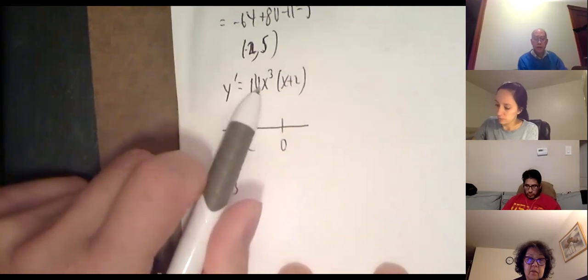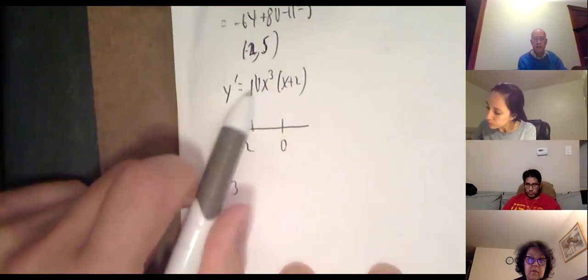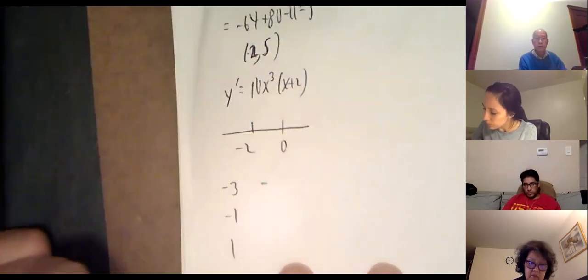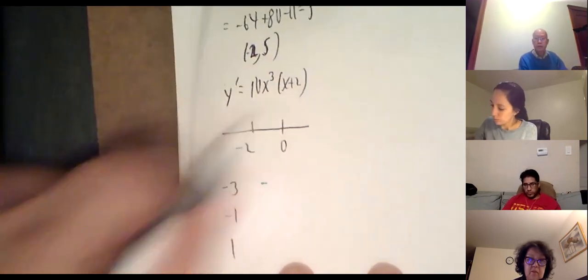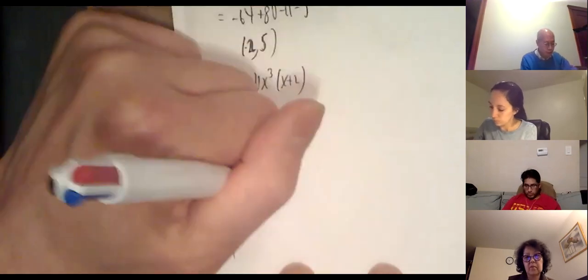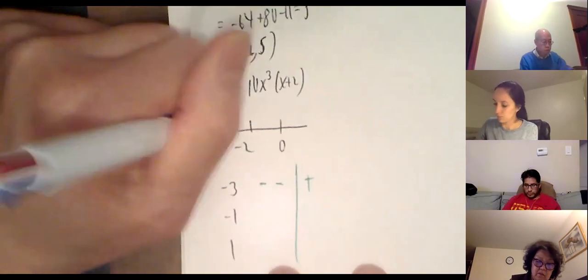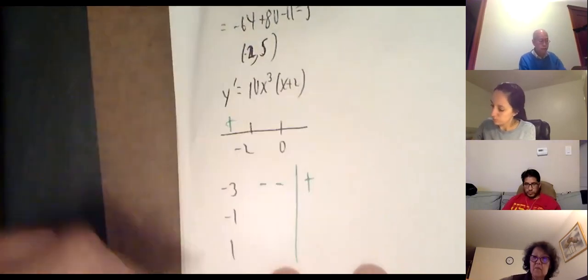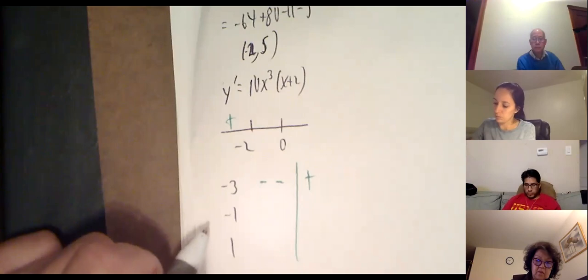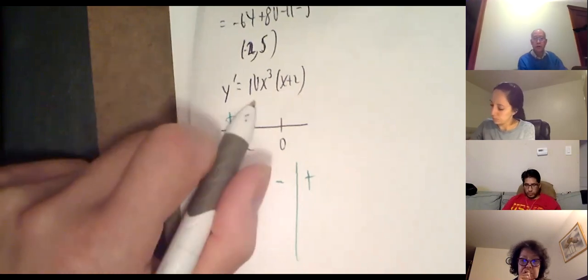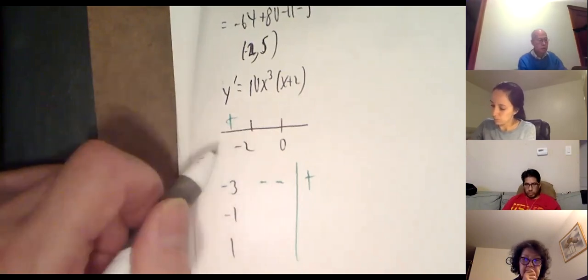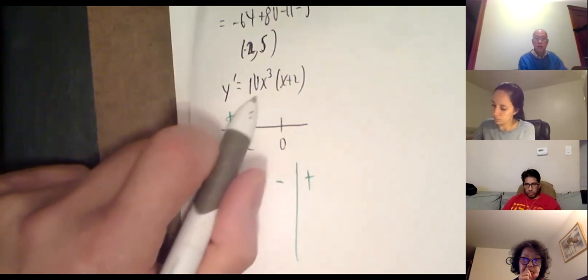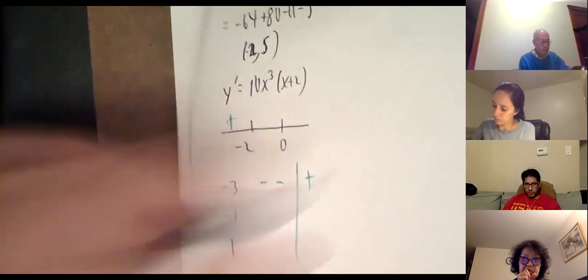Okay, plug in negative 3. Negative 3 cubed is a negative, times 10 is a negative. Negative 3 plus 2 is negative 1, that's a negative. And a negative times a negative will give me a positive. So again, this is positive. Negative 1: negative 1 cubed is negative times that, so negative.